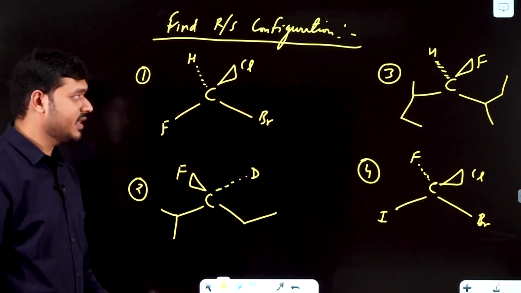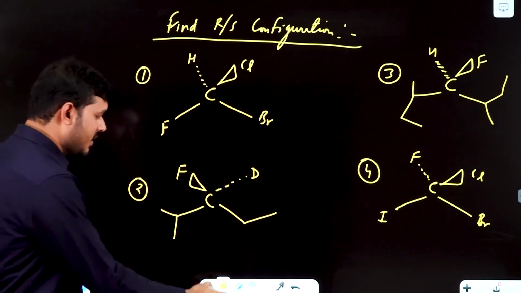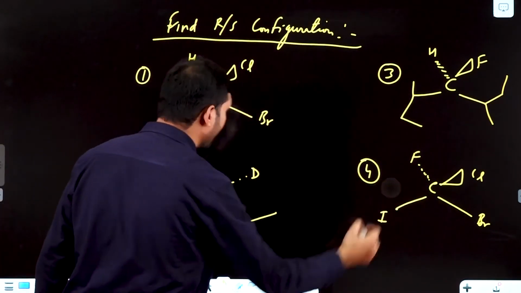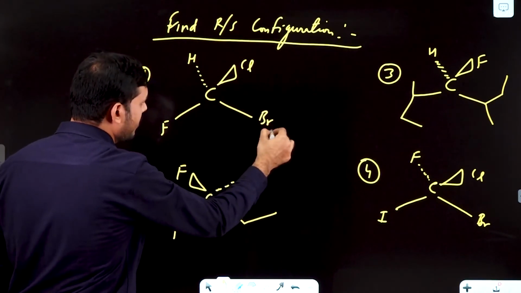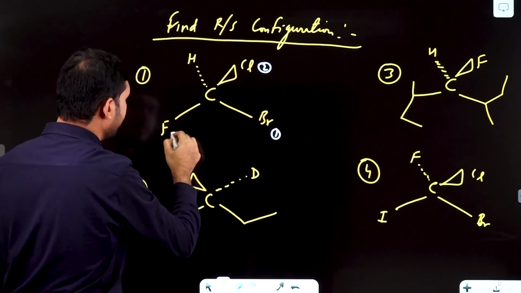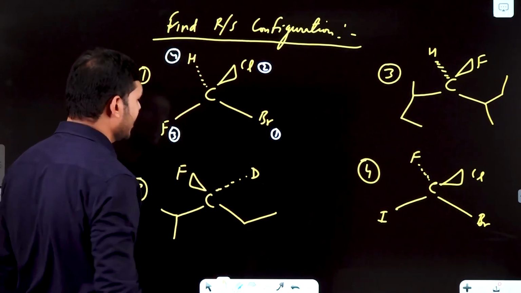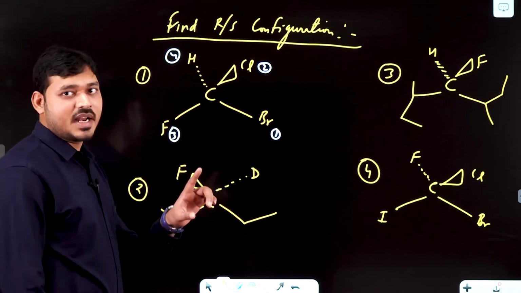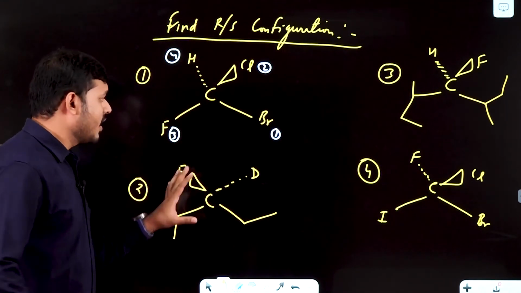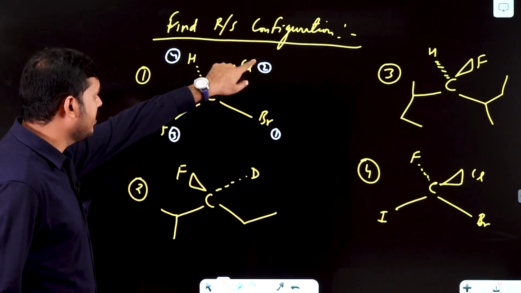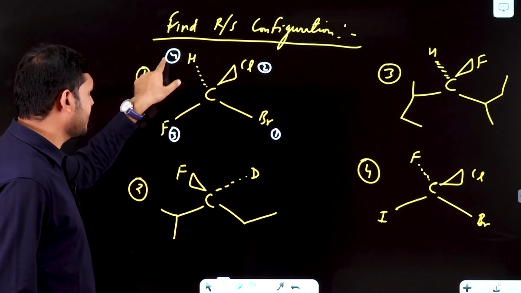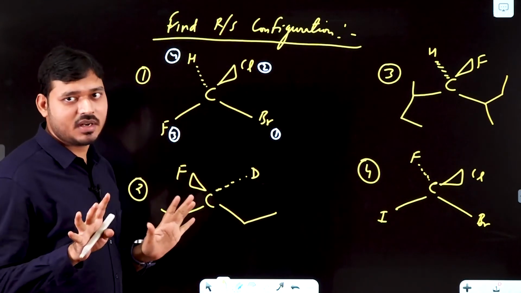Okay students, I think you have completed. So let me check the answers. Using the priority rule, fluorine, chlorine, bromine, 1, 2, 3, 4. Now students, understand this important part. When you move from 1 to 2, you will not find 3 immediately. You have to cross the fourth part, and that is okay.